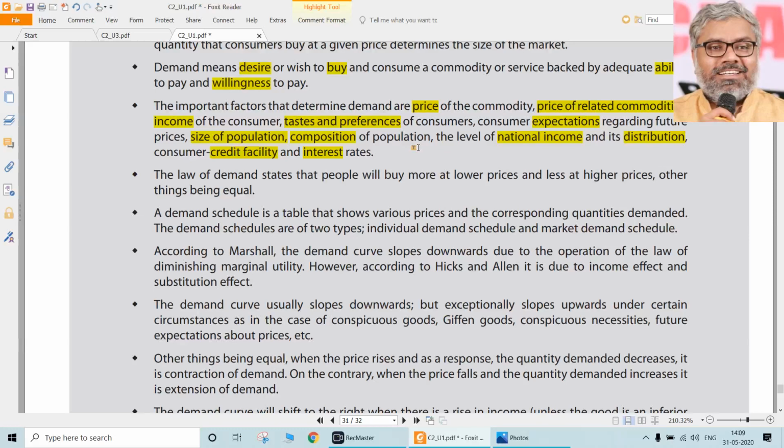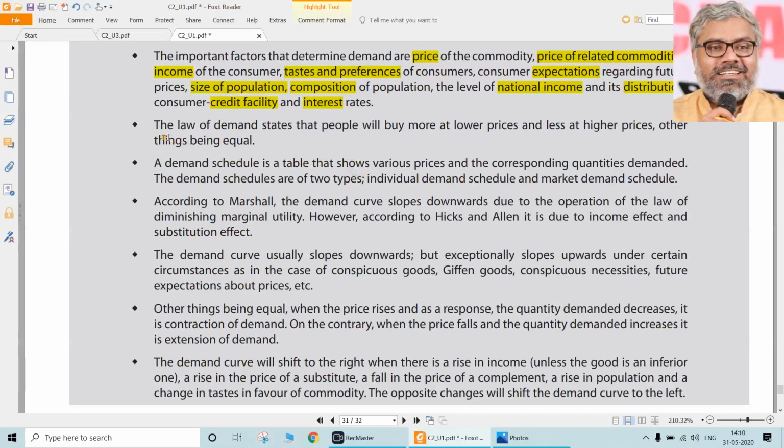So whether we can measure it or not, these factors will definitely influence demand. The question of how strongly or how weakly they will be influencing the demand can only be measured by using the concept of elasticity of demand, which has also been discussed earlier.